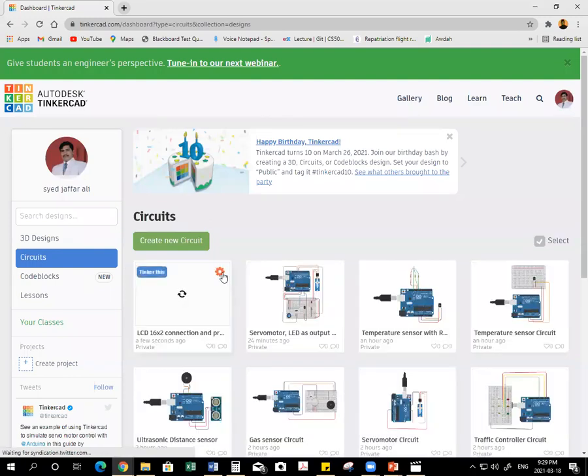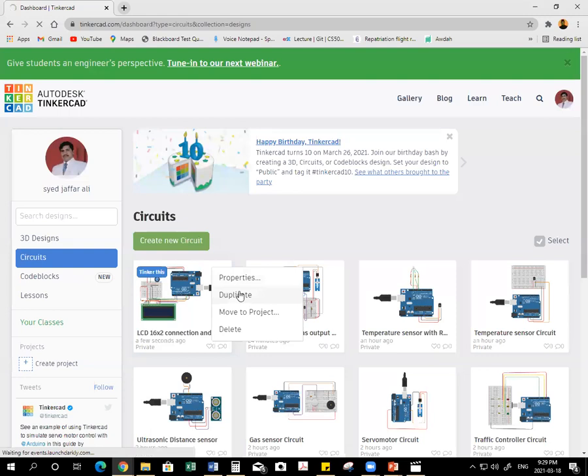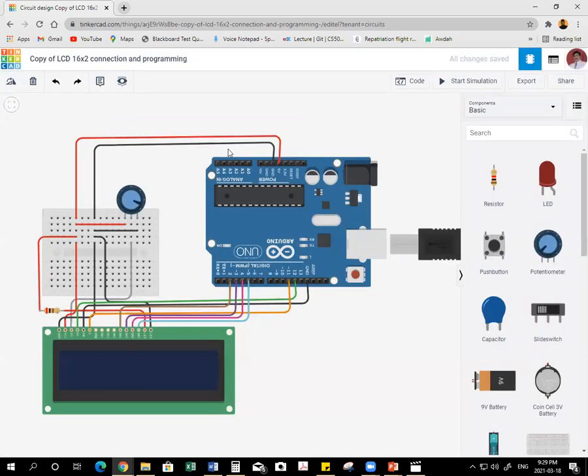Okay, so the same I can use. We can copy this so that it will save time. We'll copy this one because we are using the same LCD, only the temperature sensor I have to connect and you have to program it. So I am duplicating it. Now Control V, temperature sensor with LCD. Okay, get ready for this.